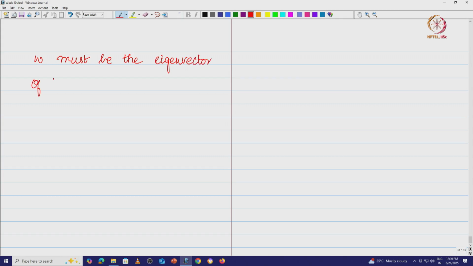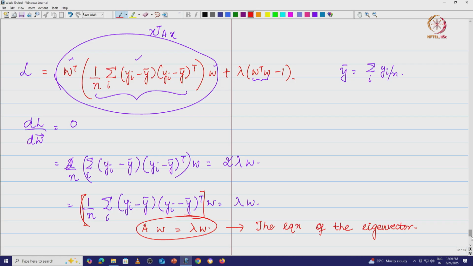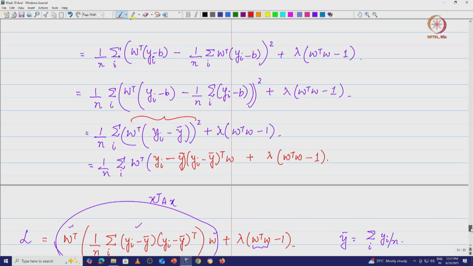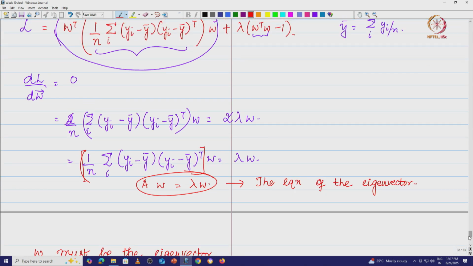In fact, what we have here is the covariance matrix of Y. This entire stuff, with the 1 by n into the sum, is basically my covariance matrix.